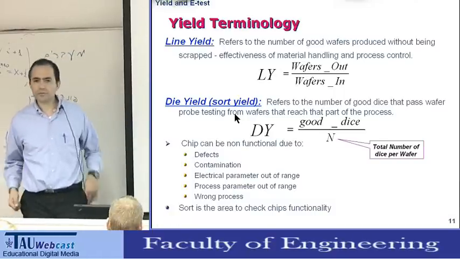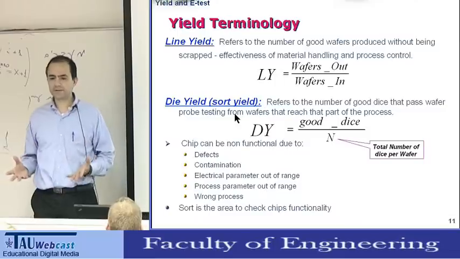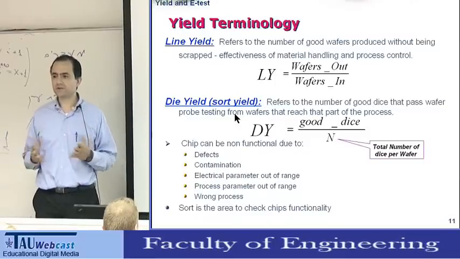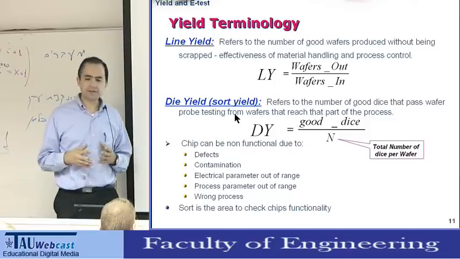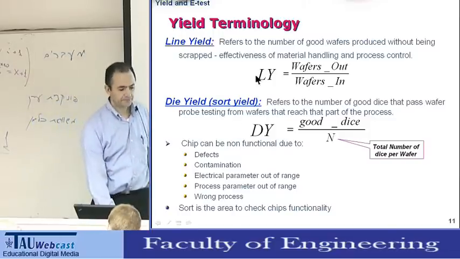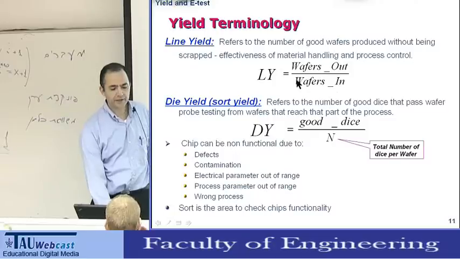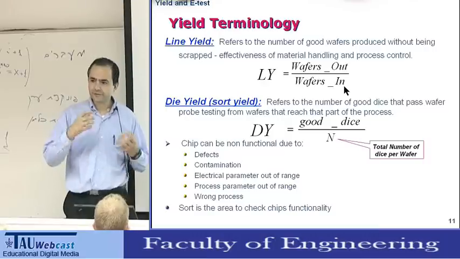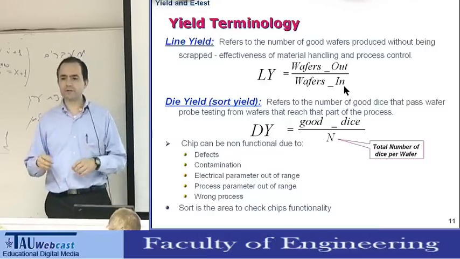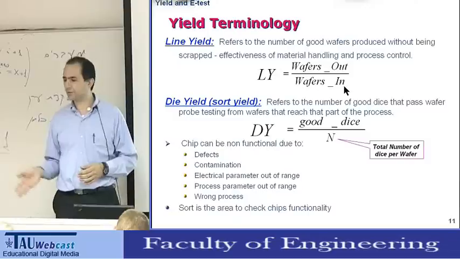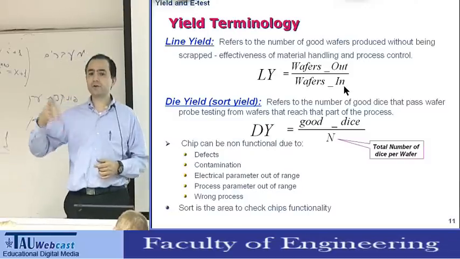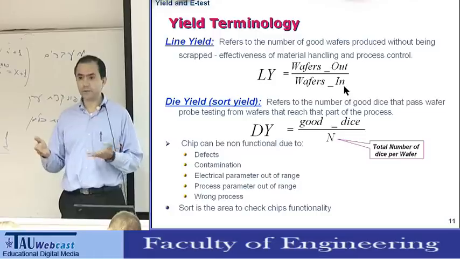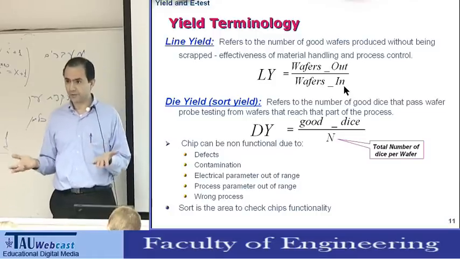Yield is the ratio between what we produce and what is actually good production. So if, for example, we look at the line yield and we get 100 wafers inside the line, but a few wafers broke inside the line, a few wafers got too many defects and we decided not to continue them, a few wafers got to sorting, and then we found out that one layer is missing, so we need to throw them away.